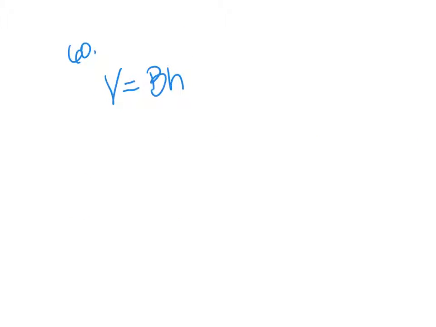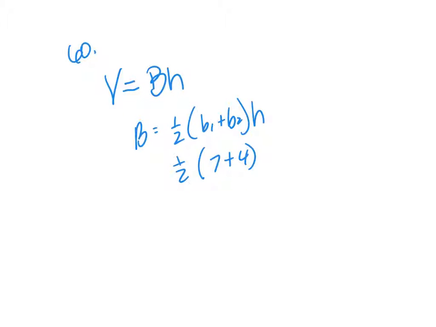In this case, on number 60, you also have a trapezoid that is the base. So to find the area of a trapezoid, big B is going to be 1/2 base 1 plus base 2 times H. So that's 1/2, and the base 1 is 7 plus 4 times the height of the trapezoid, which means if you jumped on the roof of the trapezoid and jumped down, you would be falling 3.7 feet.